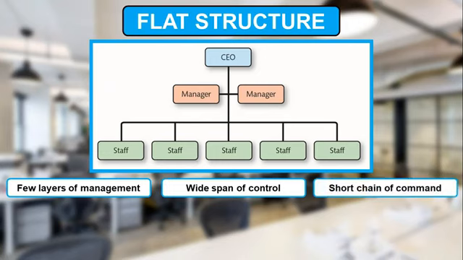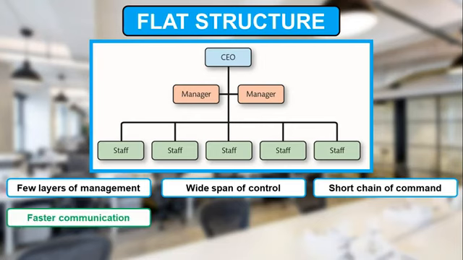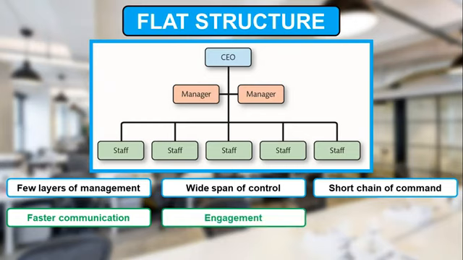This means that by its very nature, there is a short chain of command. Some pros of this approach are faster communication. There are fewer levels to communicate to, and often no need to follow lengthy approval processes to respect the hierarchy. This means that communication from the top to the bottom of the organisation can be much faster.